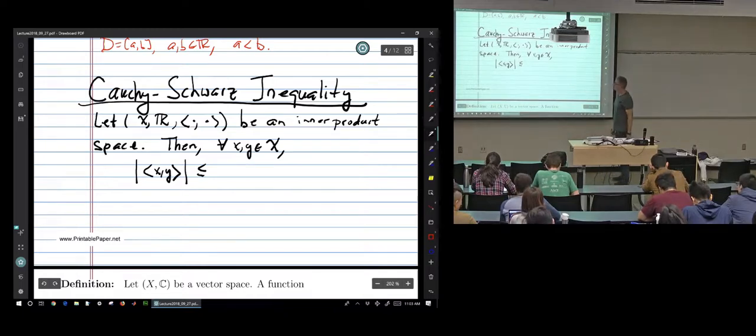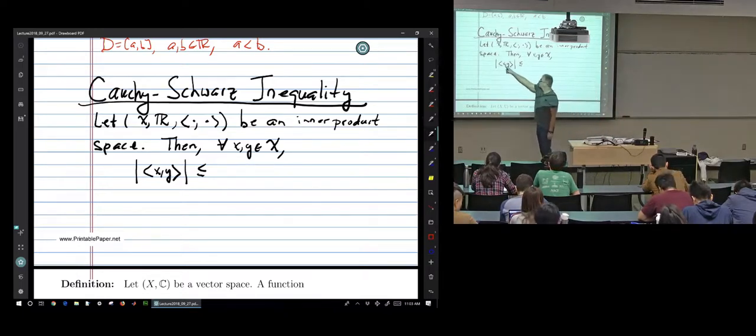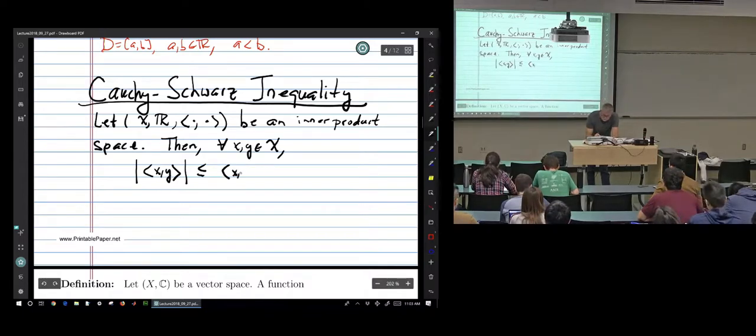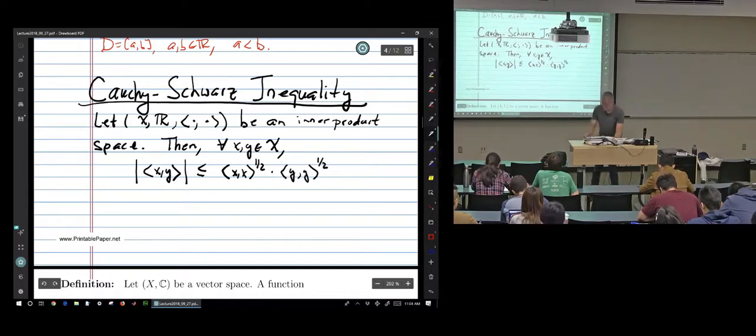And the Cauchy-Schwarz inequality gives you an upper bound on this in terms of numbers you can compute just in terms of X and Y. It's less than or equal to the square root of the inner product of X with itself and the square root of the inner product of Y with itself.